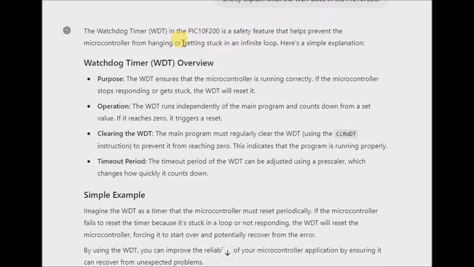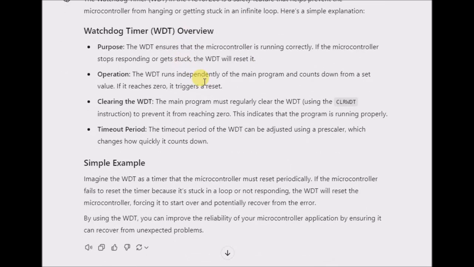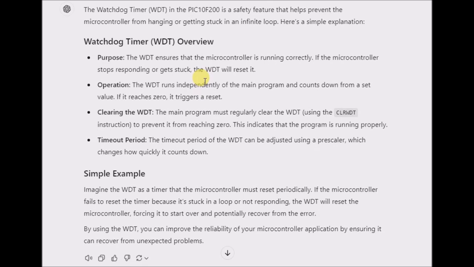The watchdog timer, WDT, is a safety feature that helps prevent the microcontroller from hanging or getting stuck in an infinite loop. Here's a simple explanation. Watchdog timer WDT overview. Purpose. The WDT ensures that the microcontroller is running correctly. If the microcontroller stops responding or gets stuck, the WDT will reset it.